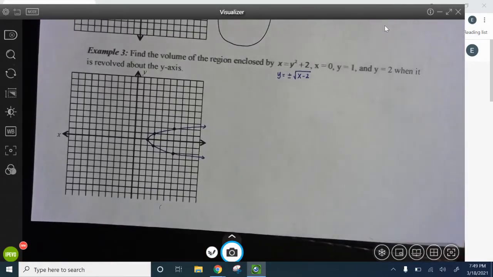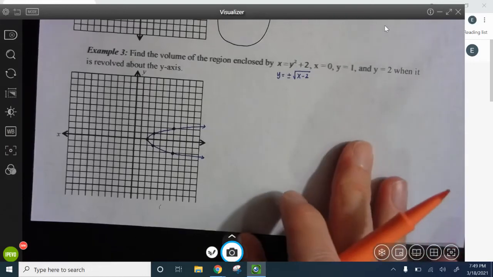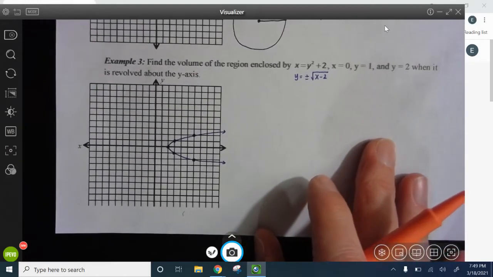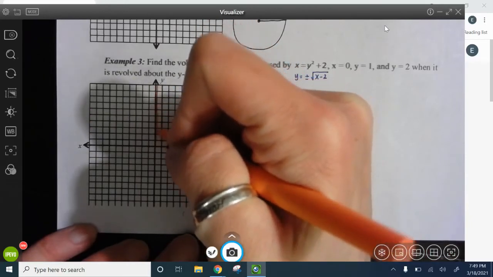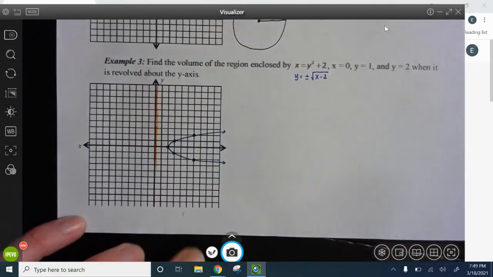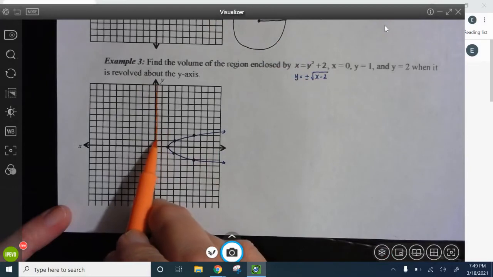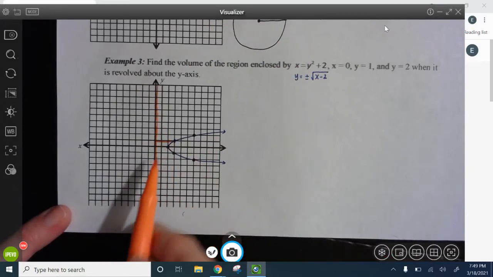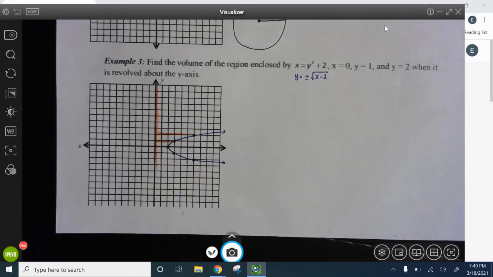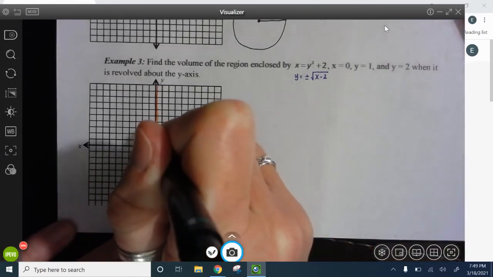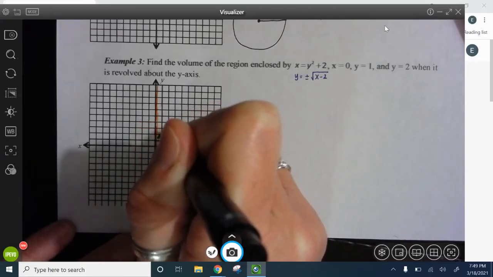So my other boundary lines are x is equal to 0. So over here. Y is equal to 1. And y is equal to 2. So it really looks like the region that we're capturing is going to be kind of this little thin slice in here.